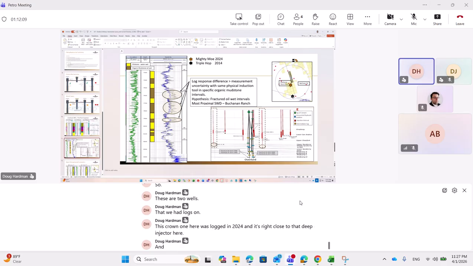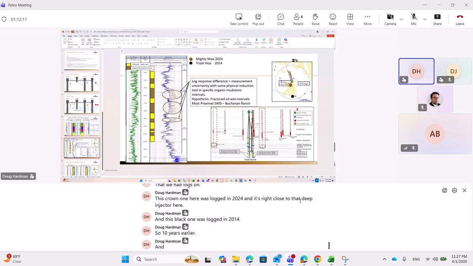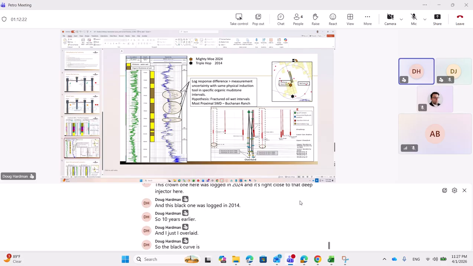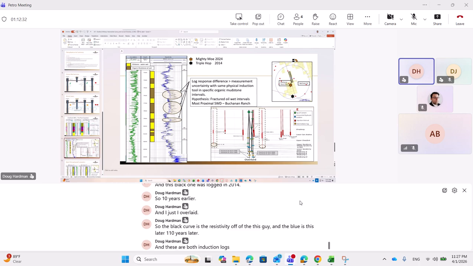And this black one was logged in 2014, so 10 years earlier. I overlaid them, so the black curve is the resistivity off of this guy, and the blue is this later one, 10 years later. And these are both induction logs.